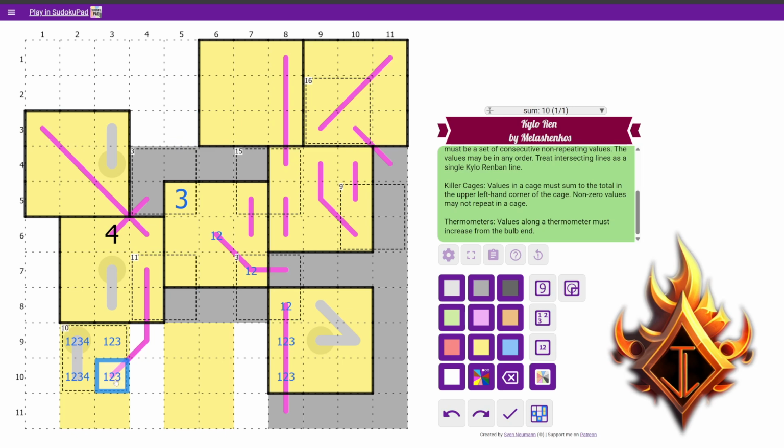But if that was 3, that could be 0. And this be 1, 2. Or maybe that could even be... No, that would definitely have to be 4. But then maybe this could be 2, 5. But then that would have to be 3. So that would not work either.